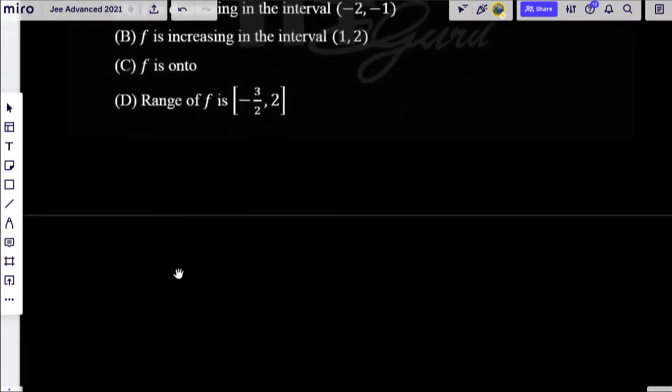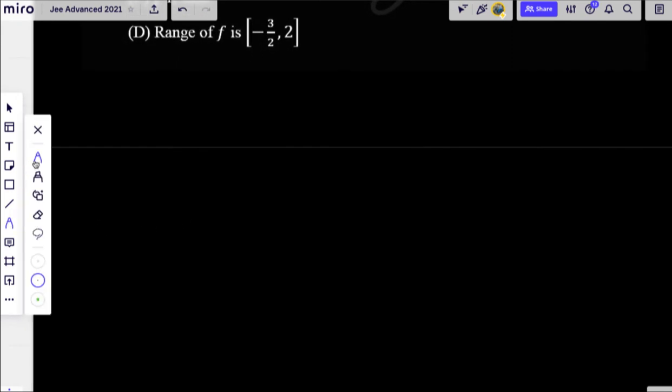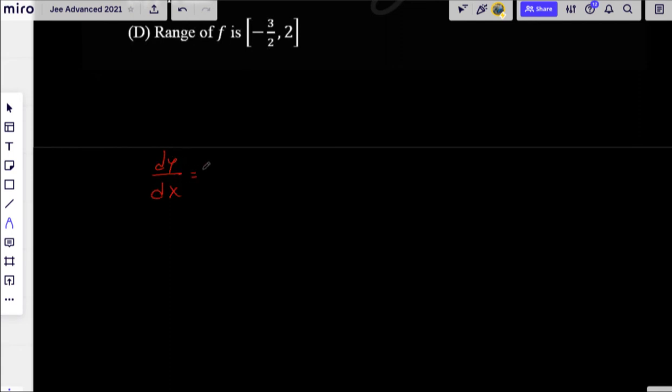So let's differentiate. First of all, we are planning to find dy by dx. So how to find dy by dx? Let's see.